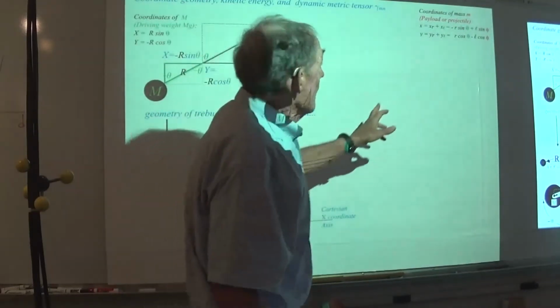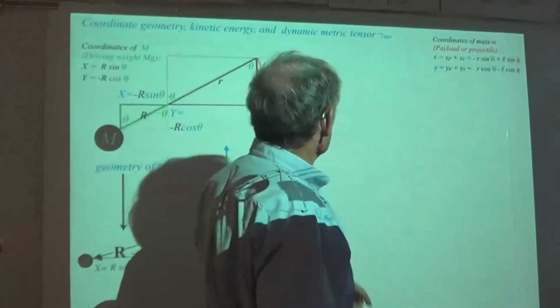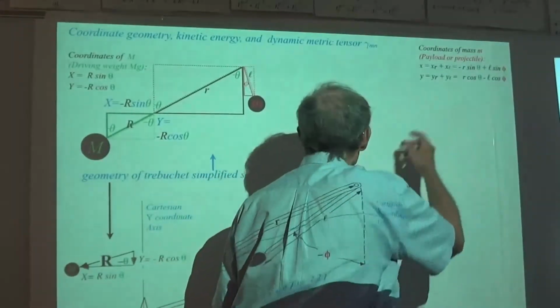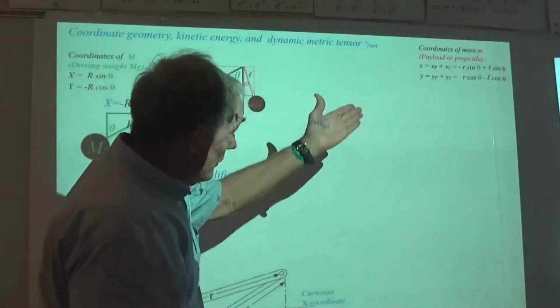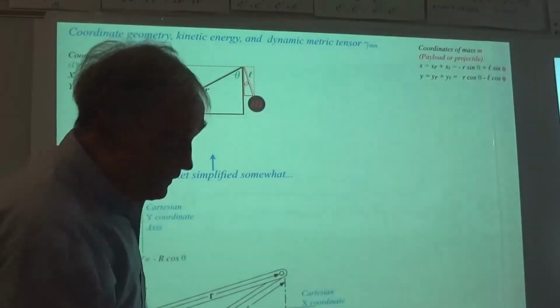And then once we have this from theta, we also have x and y coordinates to add to that due to this angle, phi, right there. So that's the key starting thing for this.